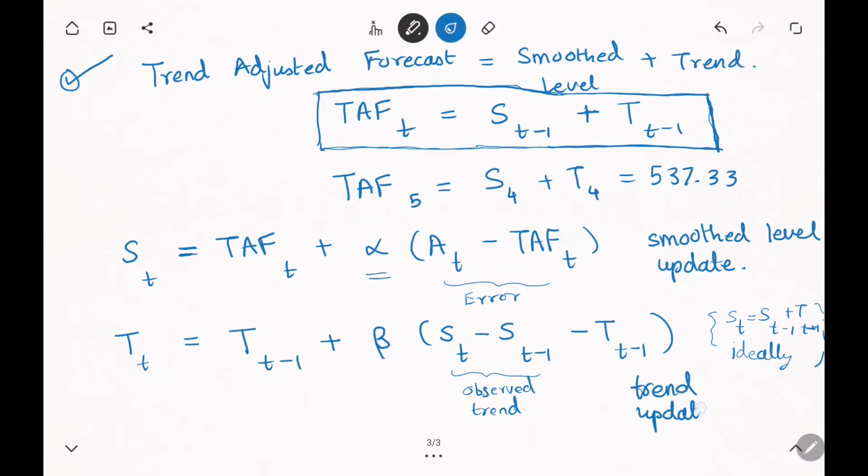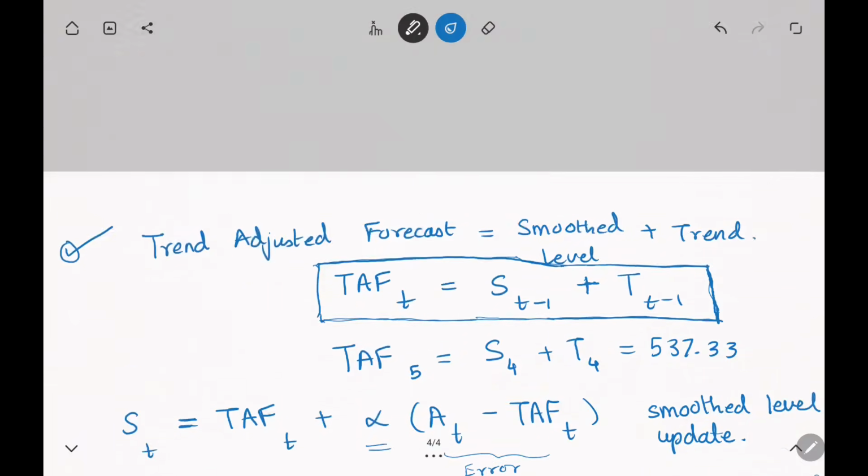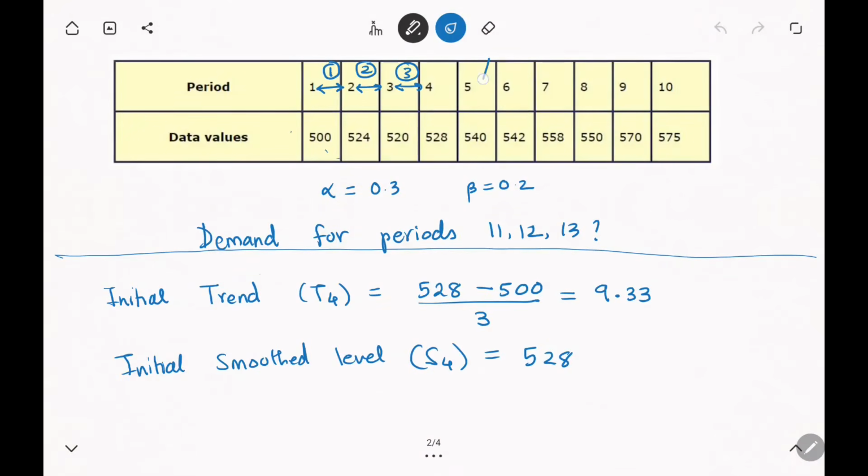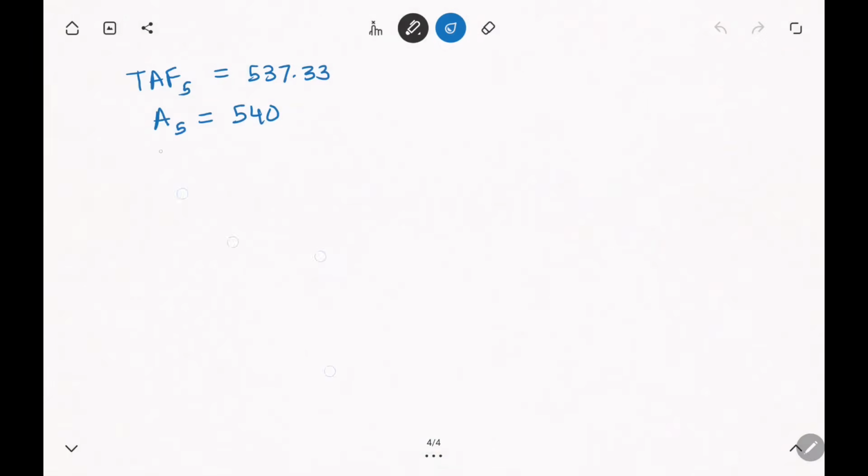Okay, now let's calculate the value for period 5. The actual value here is 540. The trend adjusted forecast for period 5 was 528 plus 9.33, that is 537.33. Okay, now actual value 540 is slightly higher than our forecast. So the error is 540 minus 537.33, which is 2.67. It's a positive error.